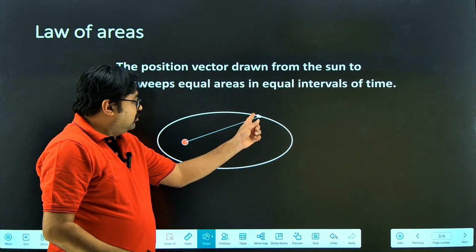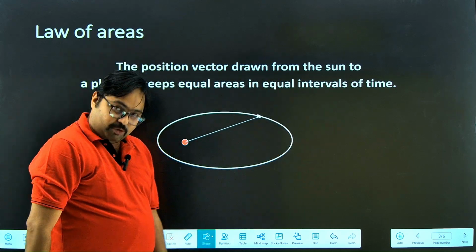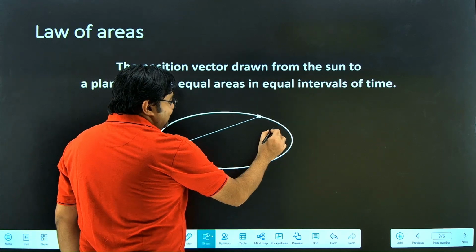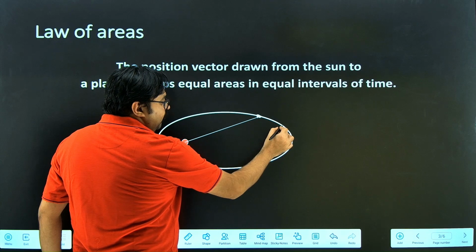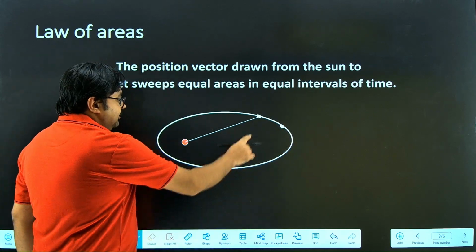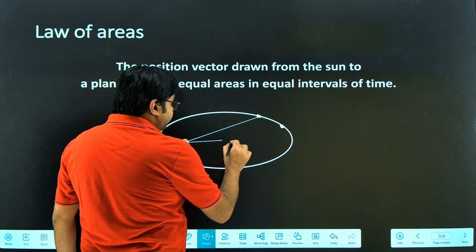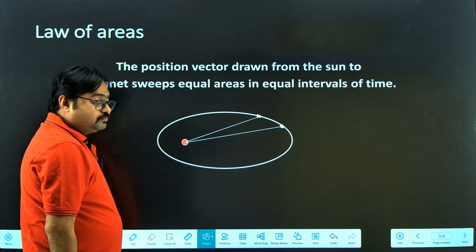Let the planet now go for a while, let's say about a month or so. When you do that, the planet now comes to, let's say, this place exactly 1 month later. Now the same position vector must be drawn from here to here.